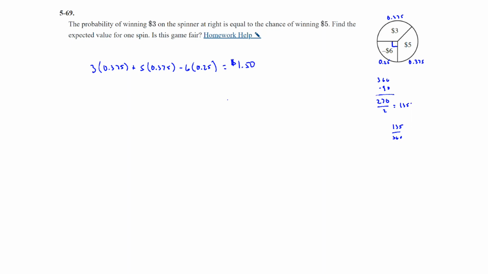So is this game fair? It is not fair because the expected value is not 0. Once again, if we're looking for a fair game, we want that expected value to be 0. But it is in favor of whoever's playing to win money, that's for sure. But in terms of fair, it is not fair. And once again, explaining that the expected value is not 0.